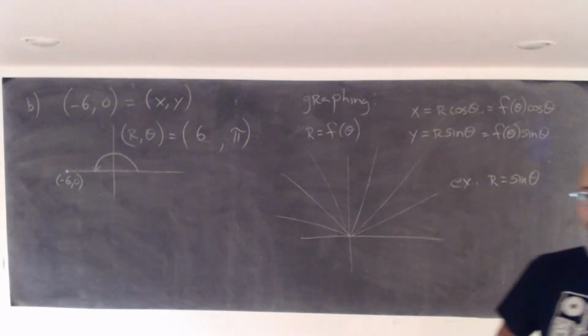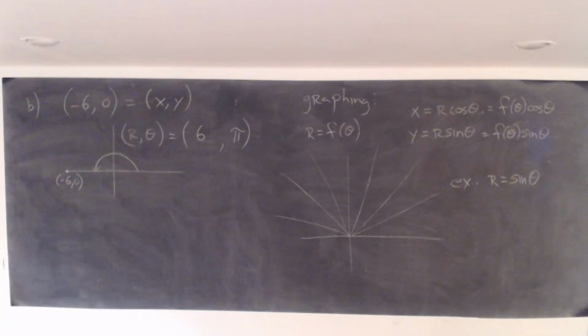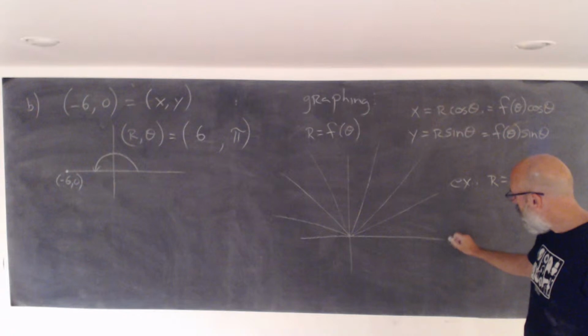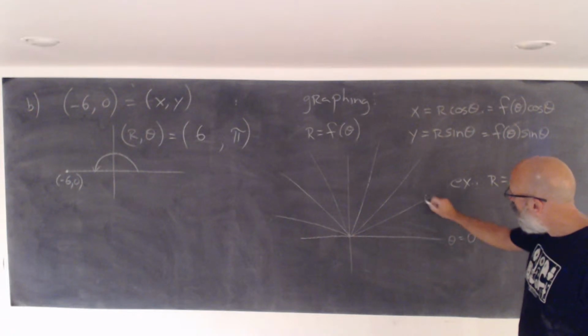Suppose you want to graph the function r equals sine theta. Here I've plotted a few angles. This is theta equal to 0.